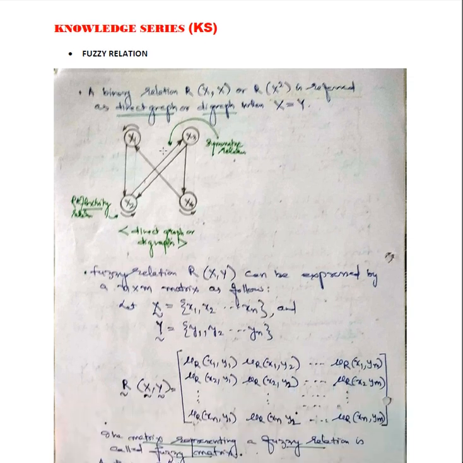Now again the binary relations with R on x y, R on x comma x, and R on x square, that is known as a directed graph or a digraph. So that is represented in the figure over here.